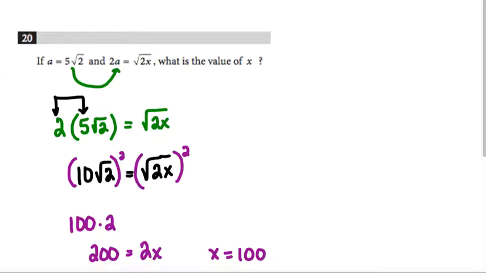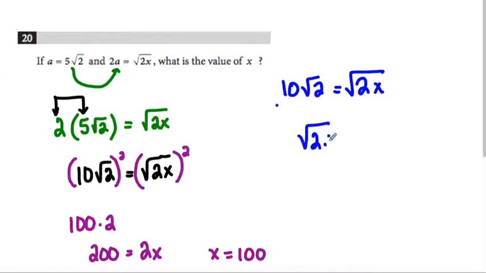But what if we just use some thinking skills here? 10 root 2 equals 2x root 2. I thought about that and wondered, what if I put the 10 back in? Then that would be 2 times 100 equals root 2 times x, because I saw that these both had a root 2 in them.